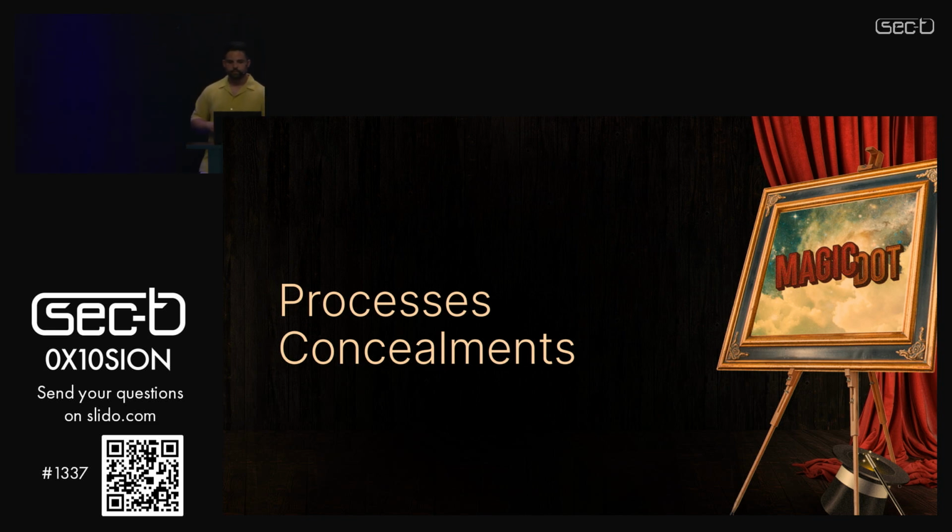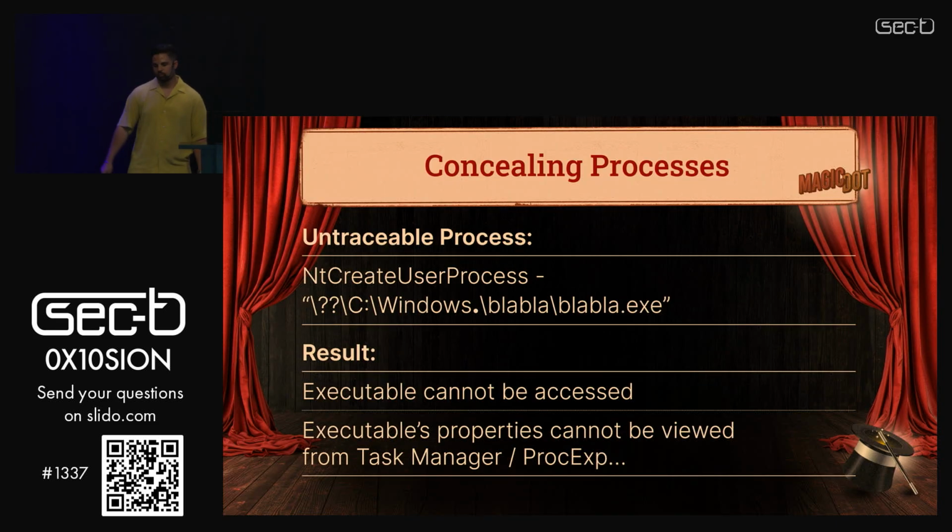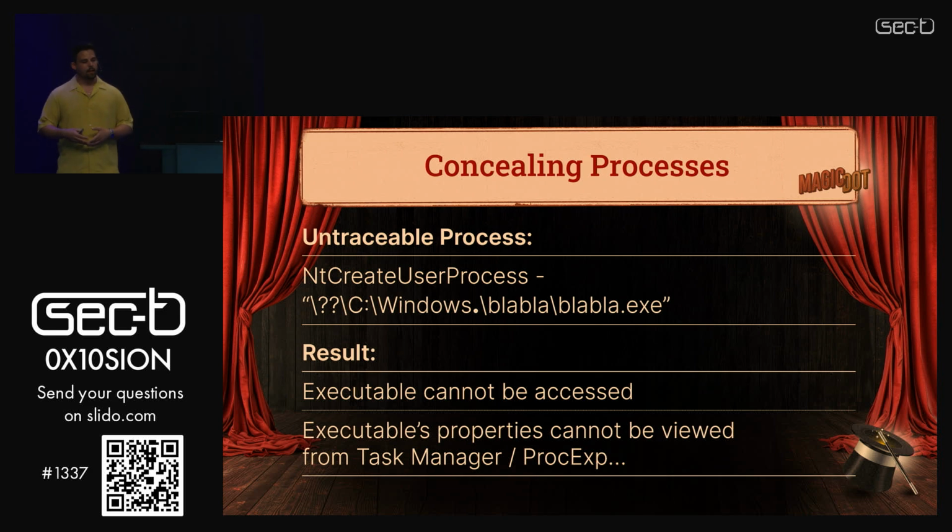OK, so we did some magic tricks with files and directories. Let's move on to rootkit magic with processes. So the most obvious thing that we can do again is just to create a process that I call an untraceable process. Basically, what we'll do is run an executable from a path like C:\Windows\blah blah blah.exe with a trailing dot.